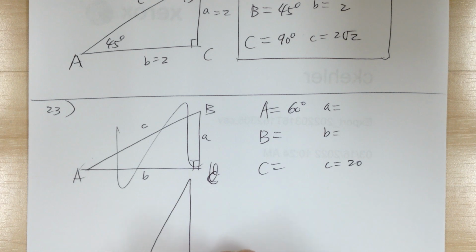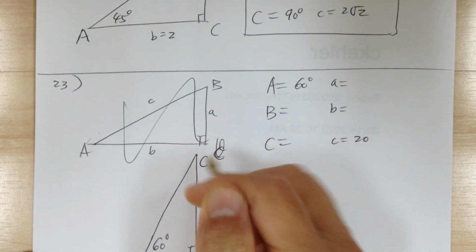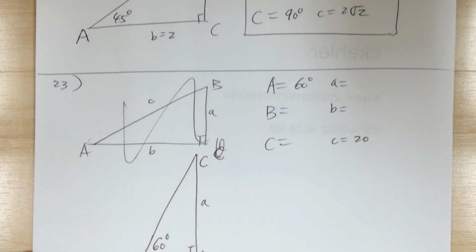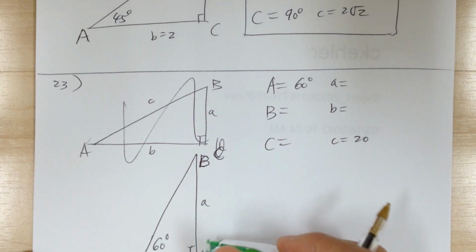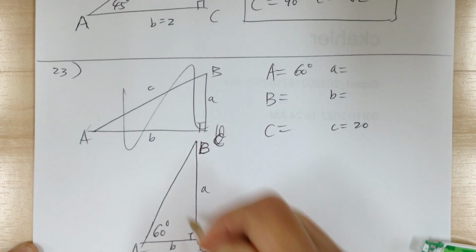So A is 60 degrees. So this is A, B, C, and back up, this is B. The C is always the right angle, okay? And so this would be small b.